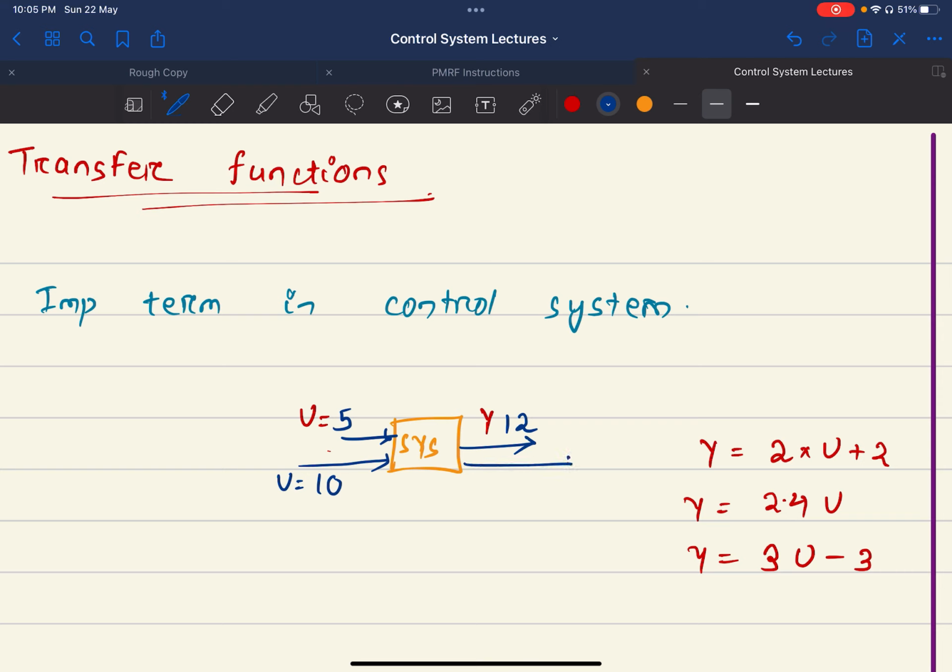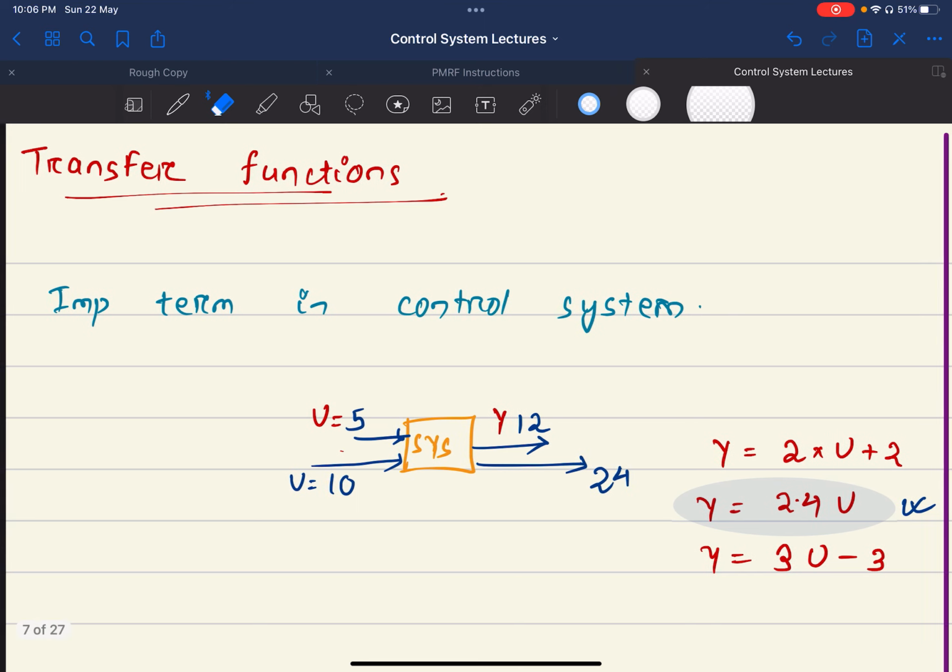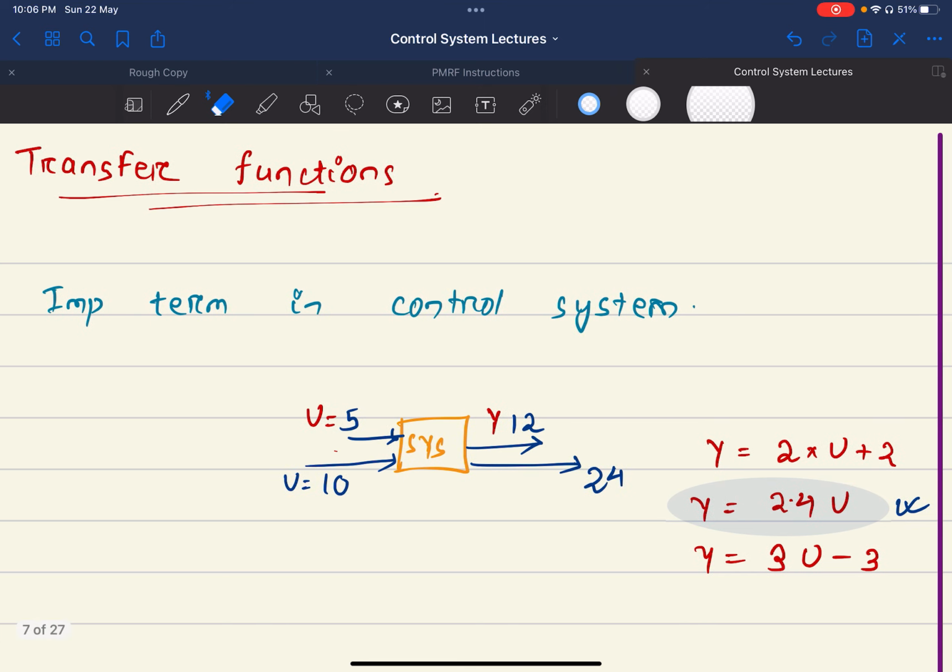Then my output is 24. Out of these three expressions, although I still cannot guarantee, there is a much higher chance of this expression. There can be other expressions as well which satisfy this relationship. So just imagine now my y is 2.4 times u.